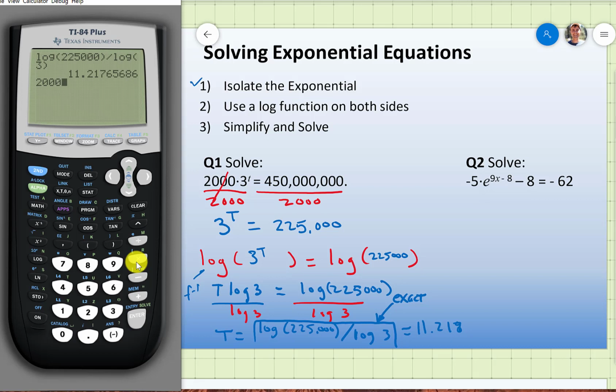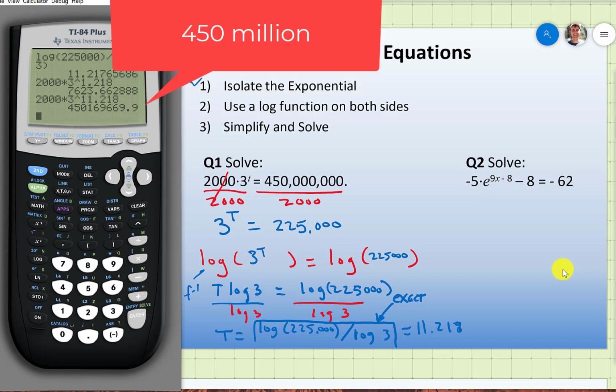So we could come over here and put in 2,000 times 3 raised to the 11.218, and so you got to type it in right. I left off an 11 there. And we got just a little over 450,000.